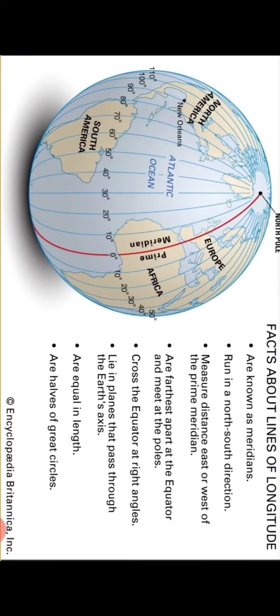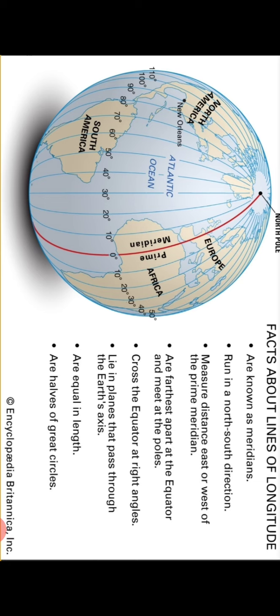Now longitudes. A longitude is the angular distance of a point on the land from the prime meridian. Total number of meridians is 360. Zero degree is the prime meridian.